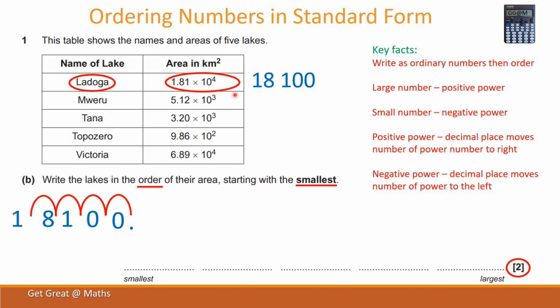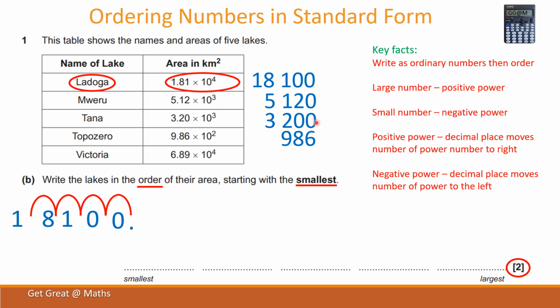You could do the same for all of the different lakes written down here. The second one will be 5,120, moving the decimal point between the 5 and the 1 and moving it 1, 2, 3 places. The next one we get 3,200, so the decimal point has moved between the 3 and the 2, gone 1, 2, 3 places.